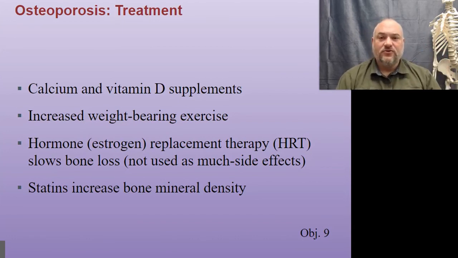So that's why folks who are at higher risk for developing osteoporosis, even if you're younger, most doctors will recommend making sure you get plenty of calcium and vitamin D in your diet to try to force as much calcium into those bones as you can, as young as you can, so that you kind of bank it up for the long haul.